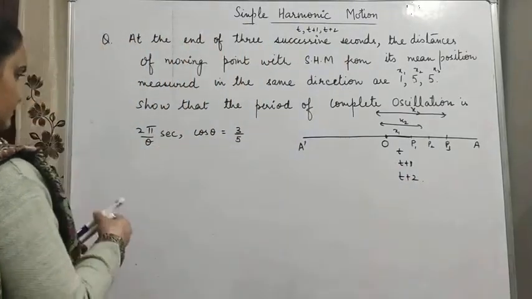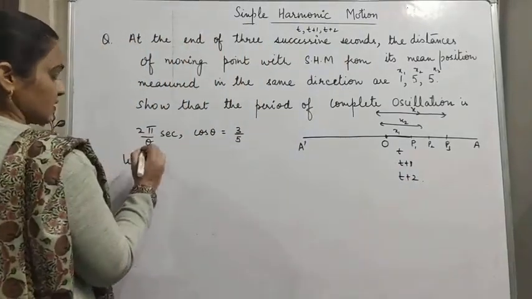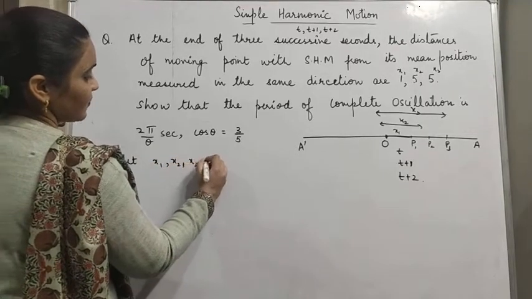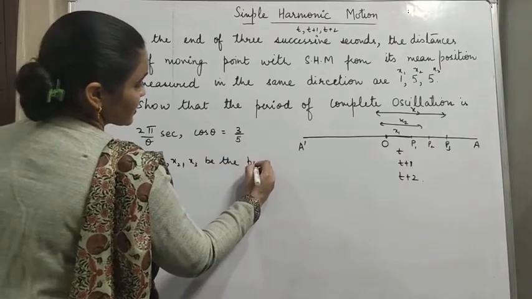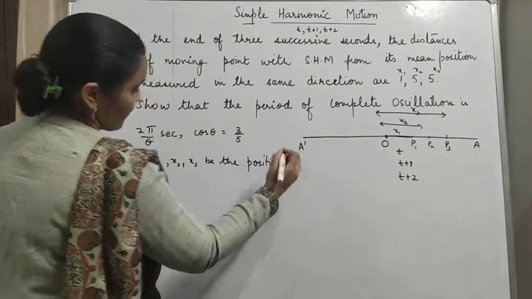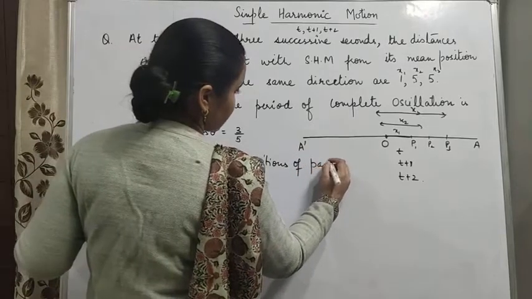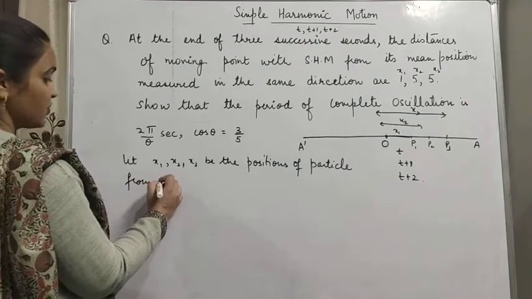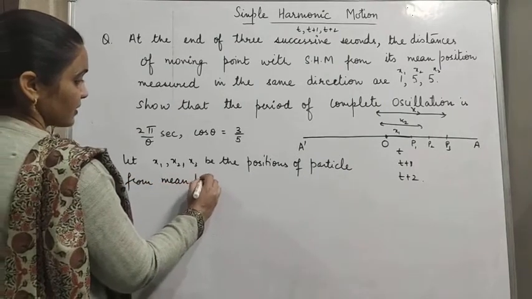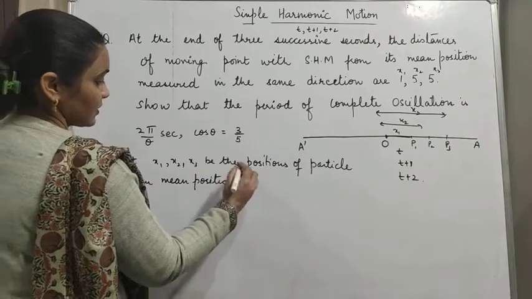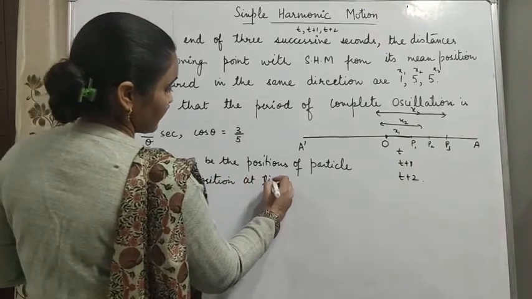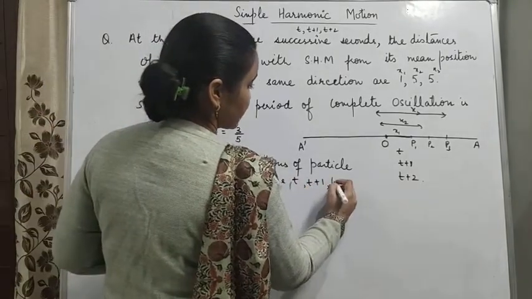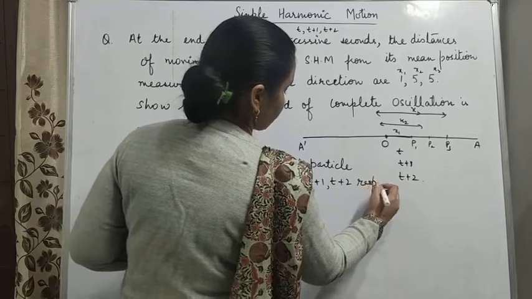So let x1, x2, x3 be the positions of the particle from mean position at time t, t plus 1, t plus 2 respectively.